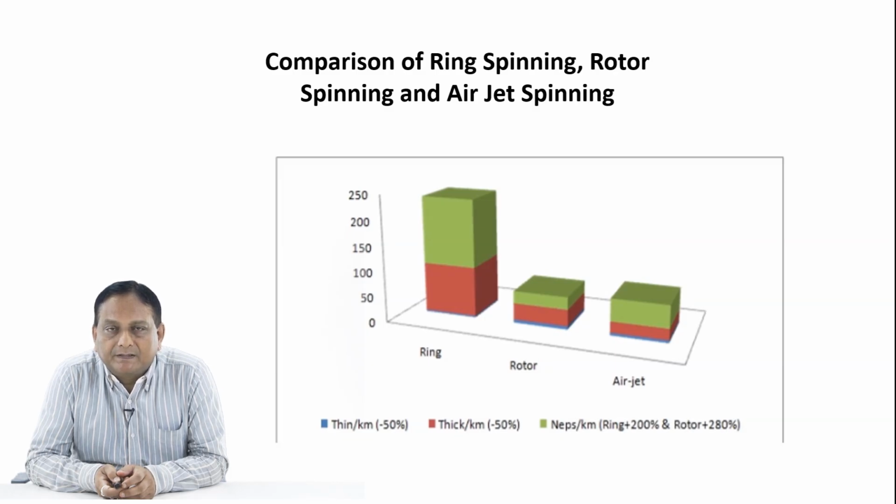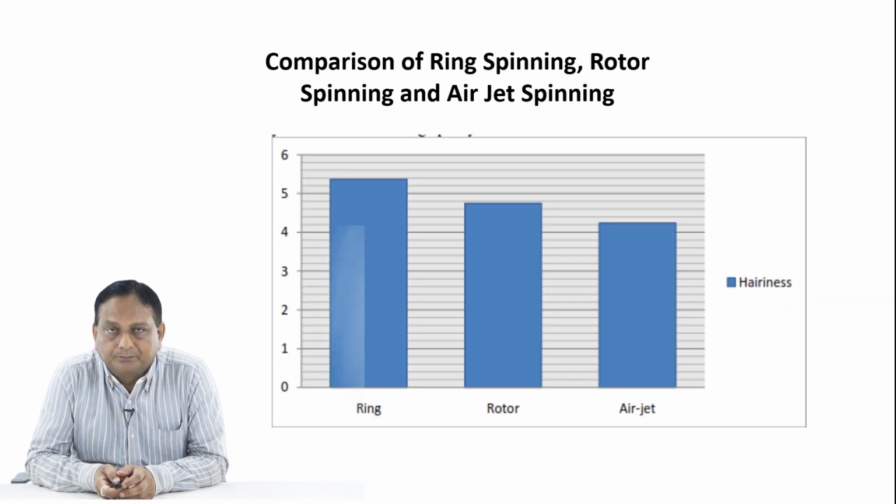So similarly, the thick places are also more in ring spun yarn than in the rotor or the air jet. So this is the comparison between the thick places, thin places and naps in ring, rotor and air jet spinning. Now in this system, if one tries to compare the hairiness, we can see the ring spun yarn is more hairy than the rotor spun yarn or the air jet spun yarn.